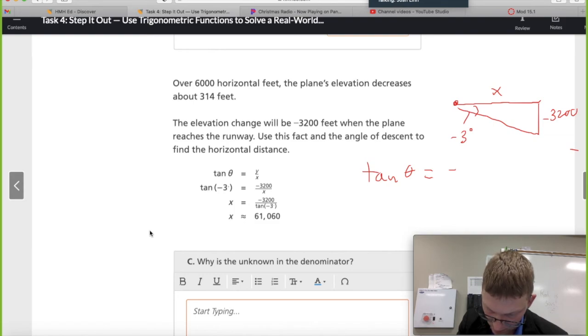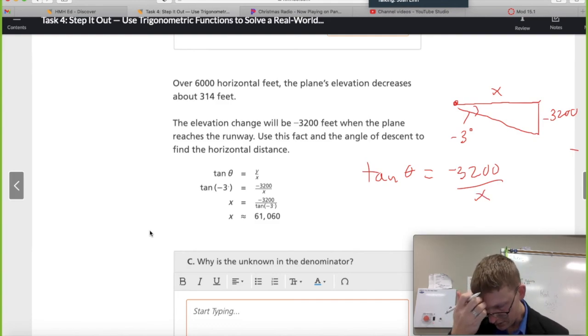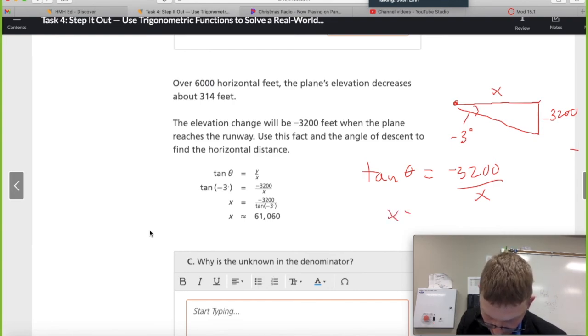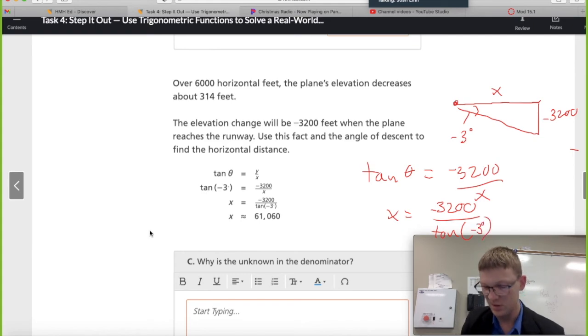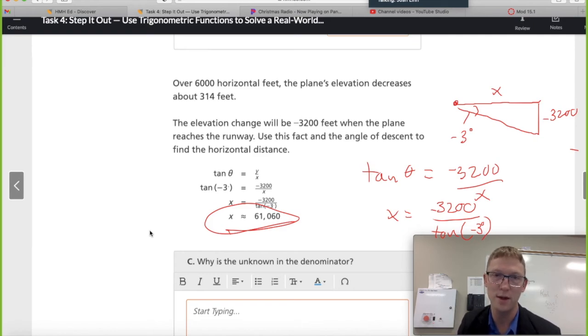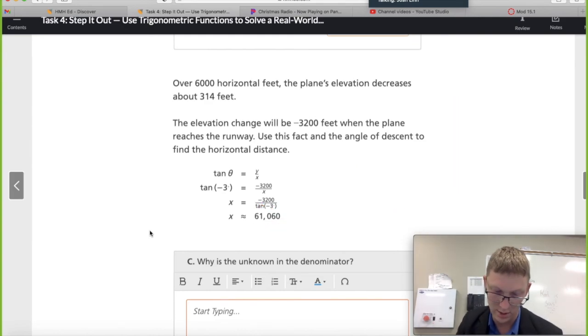So negative 3,200 over x. So then you're going to multiply by x, divide by tangent of negative 3. So you're going to have x equals negative 3,200 over tangent of negative 3 degrees. And so you're going to plug that into your calculator and you're going to get this value. That means that in order to descend about 3,000 feet, the plane is about 61,000 feet away from the runway.